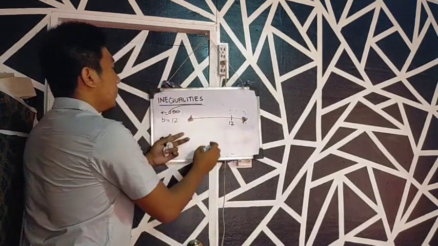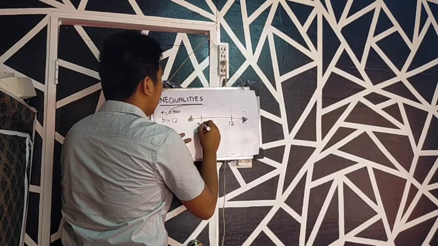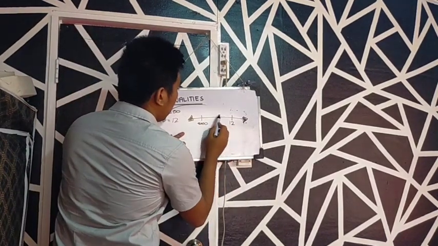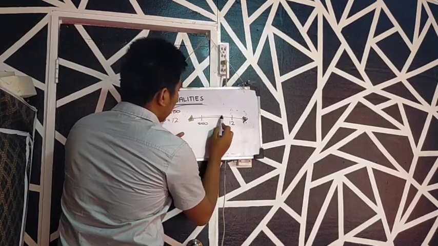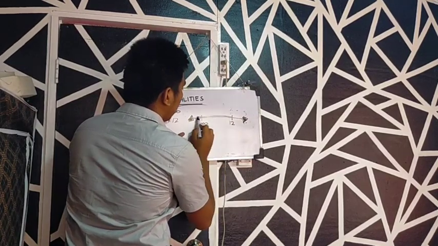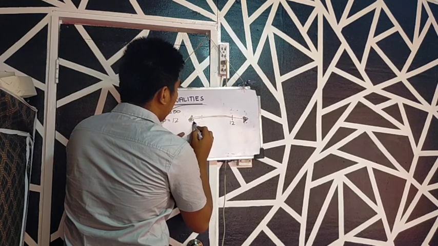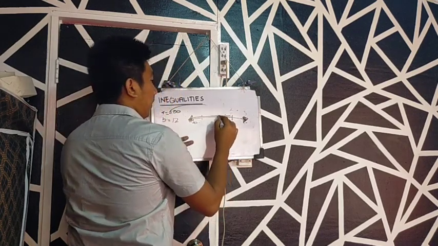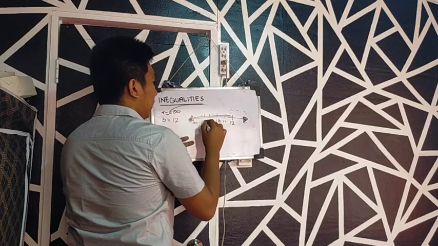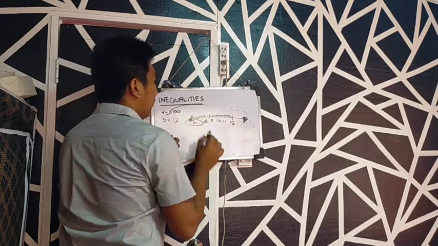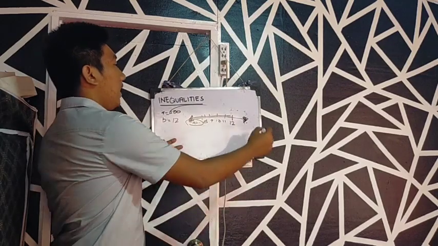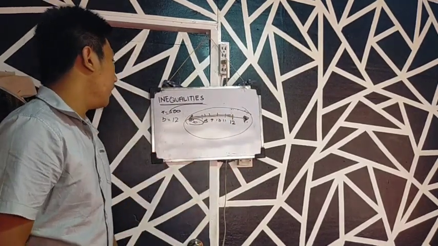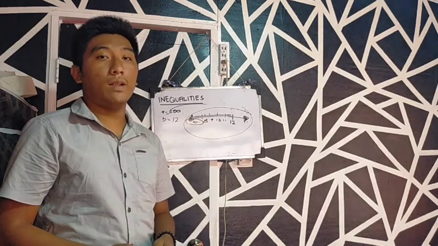This is the value of a, negative infinity. Any number belonging here, like 11 or 10, 9, 8, until negative infinity. So this is the number line that shows the value of our a and the value of our b.